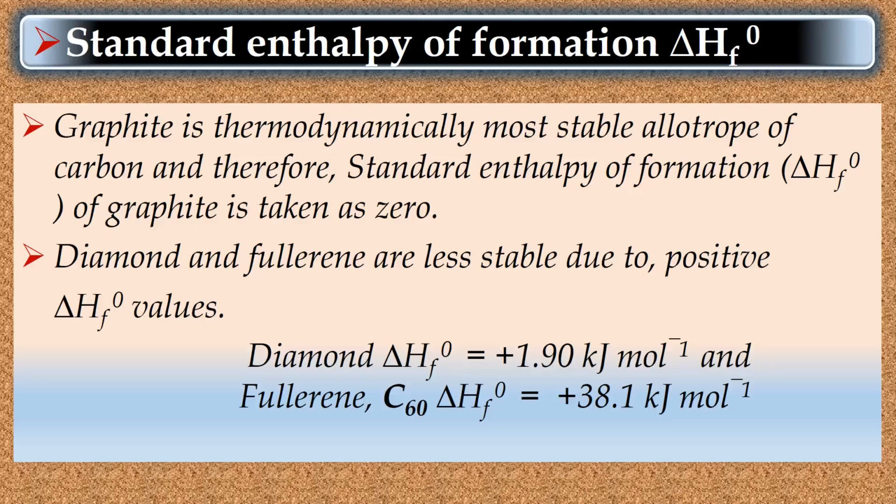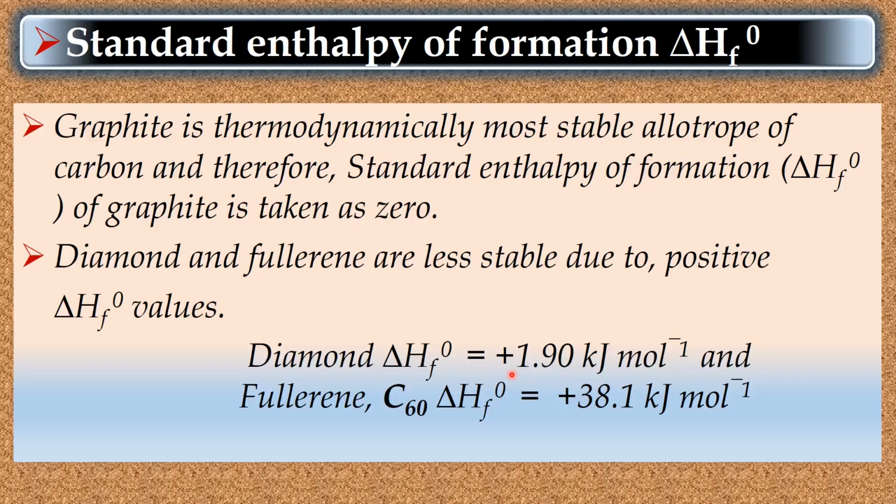Here, graphite is the thermodynamically more stable allotrope of carbon, and therefore standard enthalpy of formation of graphite is taken as 0. Diamond and fullerenes are less stable due to positive standard enthalpy of formation values.